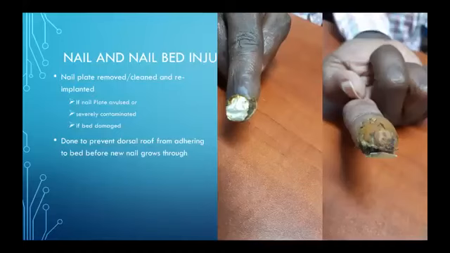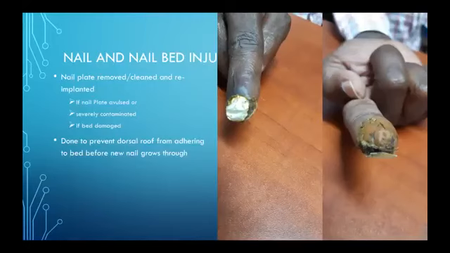So nail that is avulsed is either washed and implanted, or alternative material can be used to create the same thing, okay? In this case, the picture on your right is a patient who had complete nail avulsion, with a significant laceration on the fingertip following a crush injury. The nail plate was avulsed, severely contaminated, and the bed was damaged.